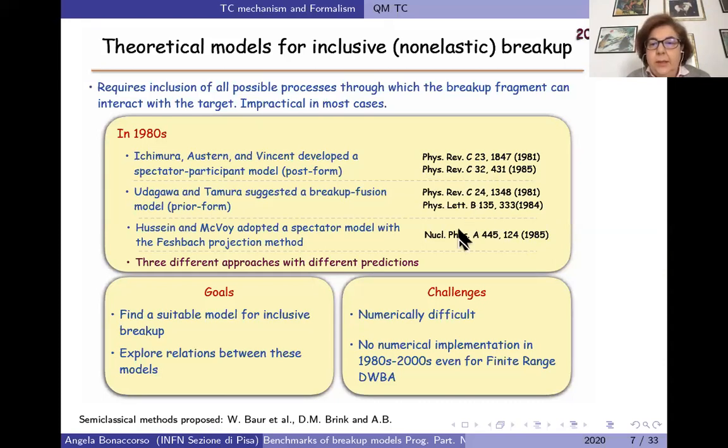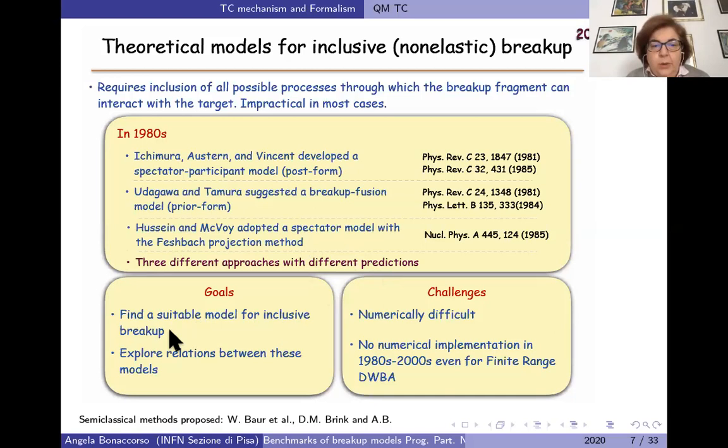So there were all these papers, in reality probably hundreds more, but these are the clearer ones. Hussein and McVoy had the idea of starting to use semi-classical approximations. And so this paper clarified a lot of the mechanism.